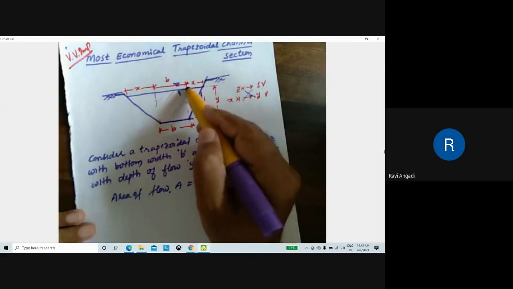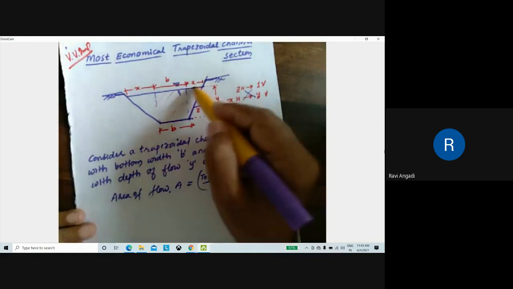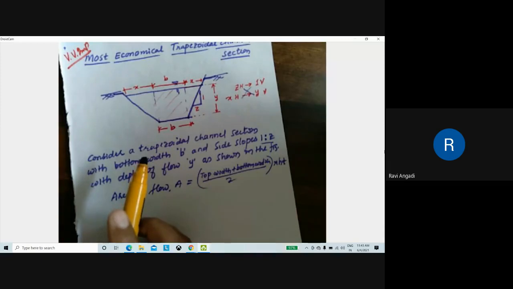But our total horizontal base is how much? X. For X horizontal, how much depth to be taken? Y, correct? All of you understood? Only one is responding.